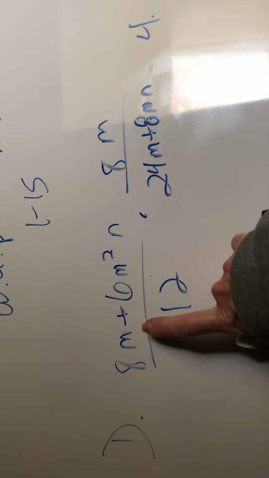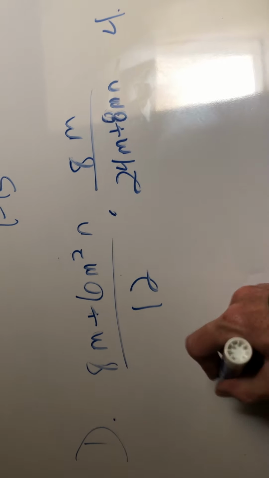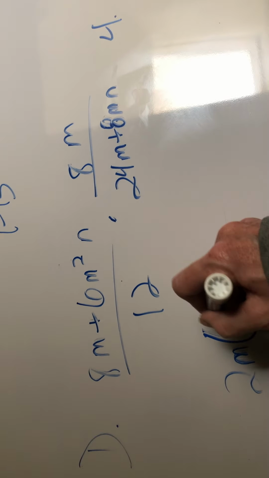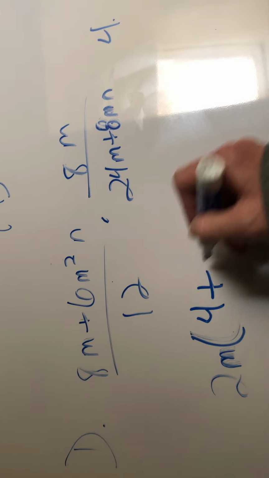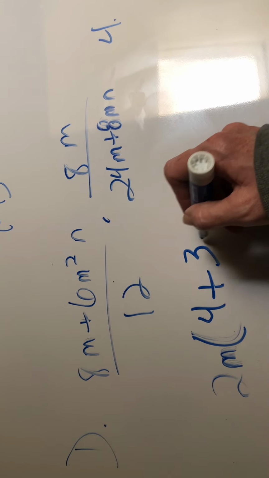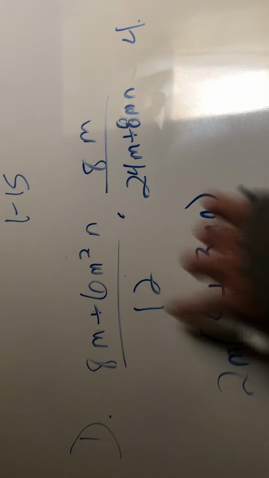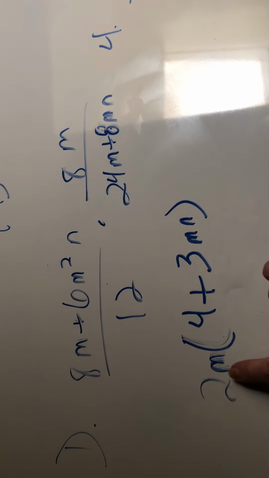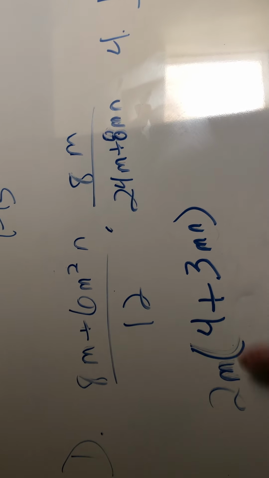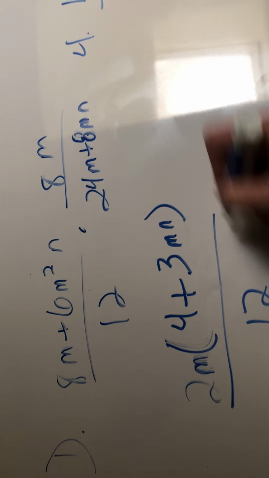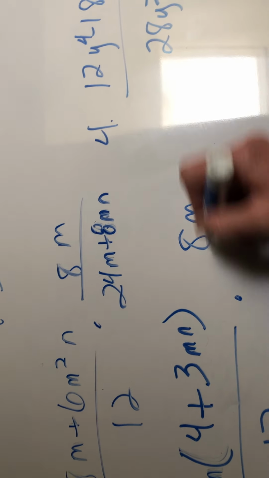So let's see, 8m and 6m squared n. I can take a 2m out. That'll leave 4 plus 3mn. When I take 2 out of 6, it leaves a 3. When I take m out of m squared, it leaves an m. And I can't take an n, so I put the n. Over 12 times, nothing happens with 8m.